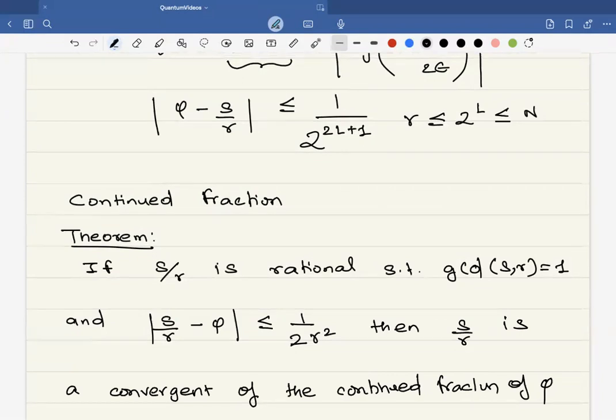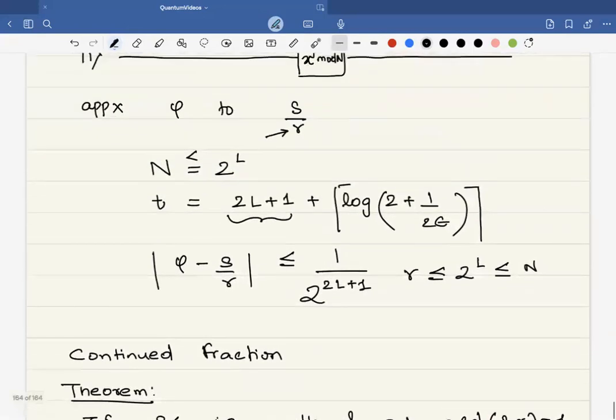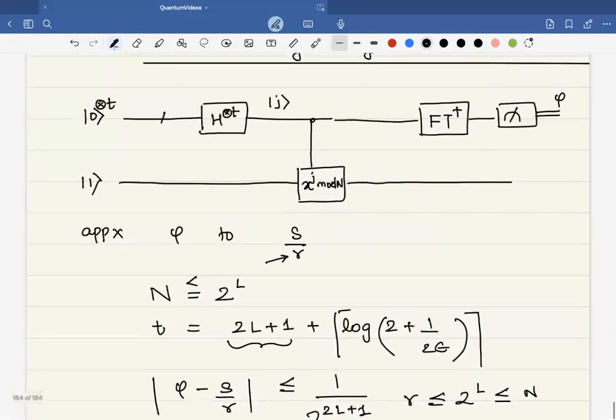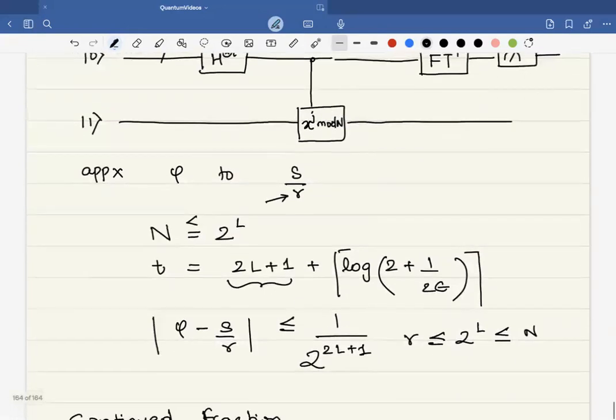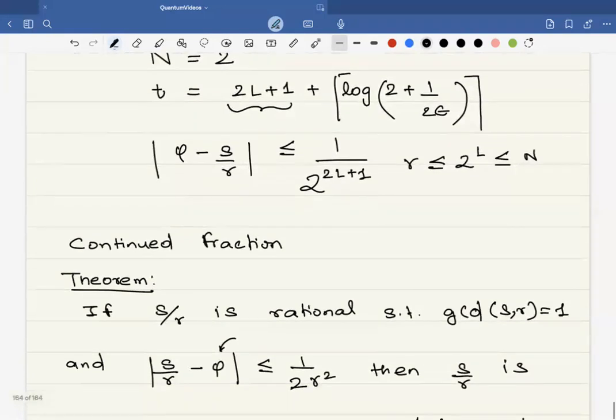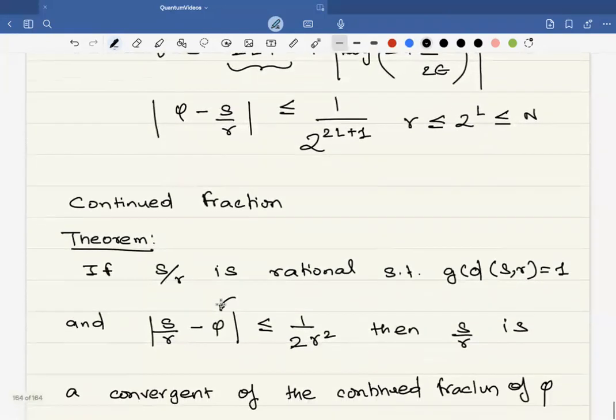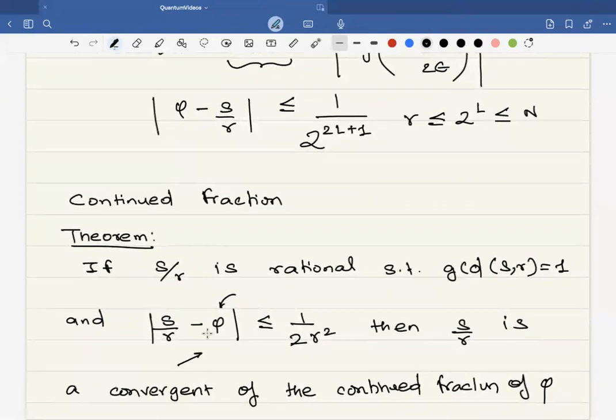So suppose such a phi exists, and the difference between S over R and phi is less than 1 over 2R squared, then S over R is a convergent from the continued fractions. So we get this phi from our order finding algorithm, and all we need to do is check that this condition applies.